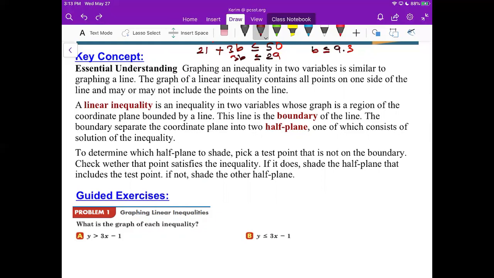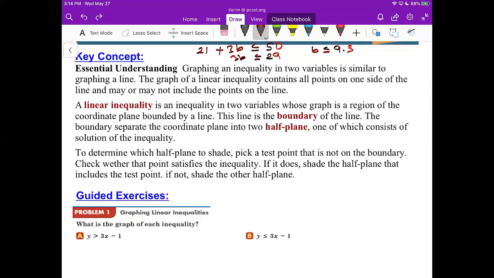The x degree is 1, the y's degree is 1, both variables' degrees are 1. And then, as I said, we have boundary lines where the function satisfies or not. We're also going to use the key term half plane. The boundary separates the coordinate plane into two half planes, okay?